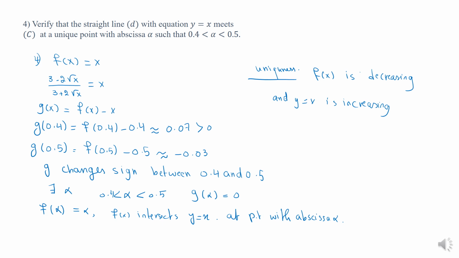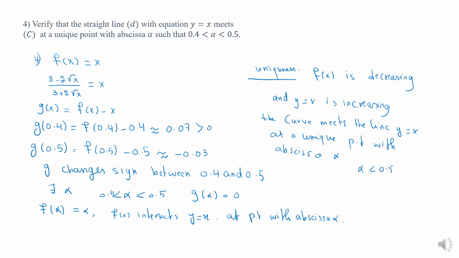So the curve meets the line y equals x at a unique point with abscissa alpha, where alpha is between 0.4 and 0.5.